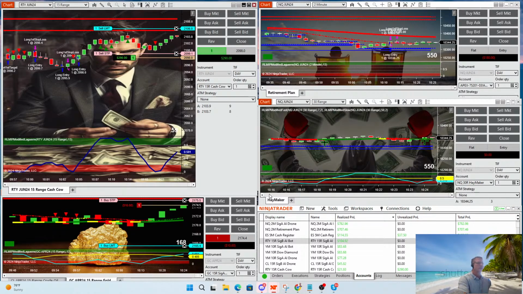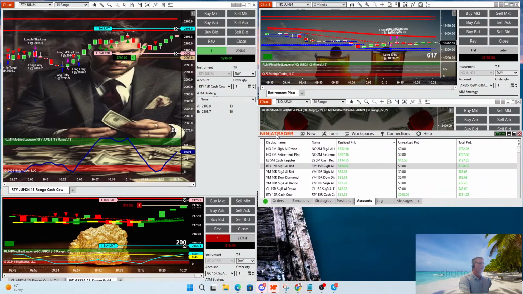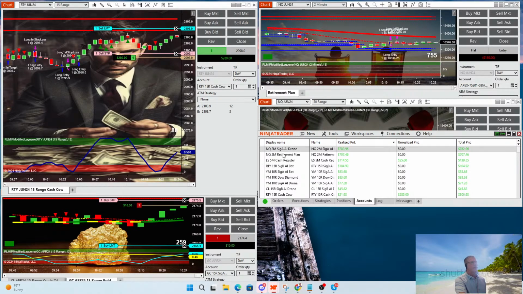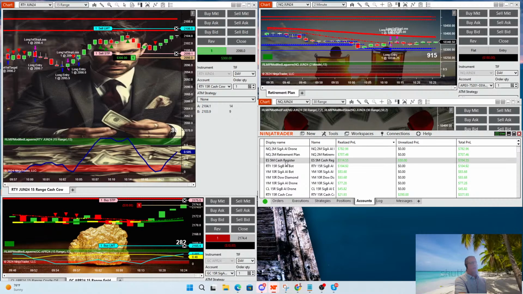See where my accounts are here, the top strategies. I know my picture is in the way a little bit, but you could see the 2-minute AI drone, the retirement plan. Those are both signal A's on the 2-minute. And then we were in that really nice ES trade, still are, but it's kind of retracing on us.